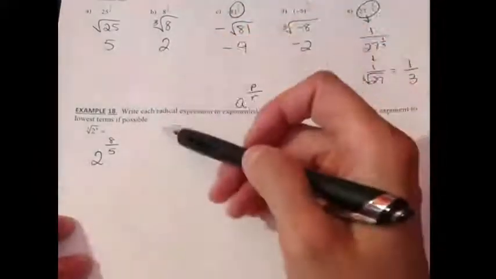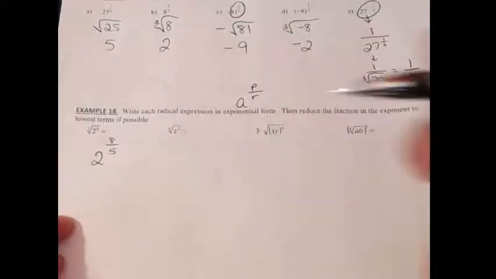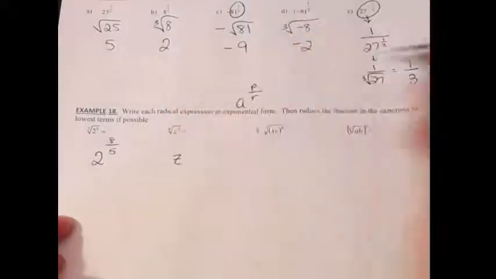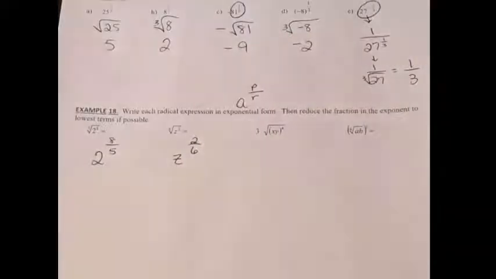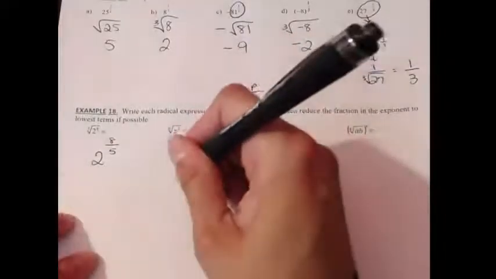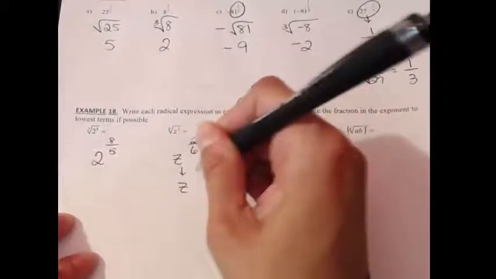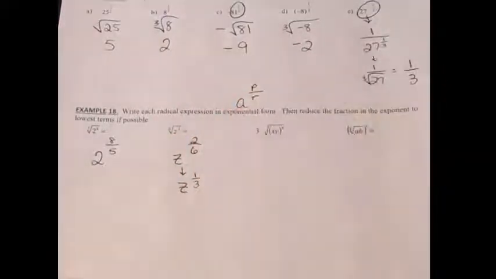Next, we have the 6th root of z to the 2nd power. Keep the base. Then we have power over root. But we recognize here that 2 over 6 does reduce. So this becomes z to the 1/3 power. So interestingly enough, the 6th root of z to the 2nd power is the same as the cube root of z.